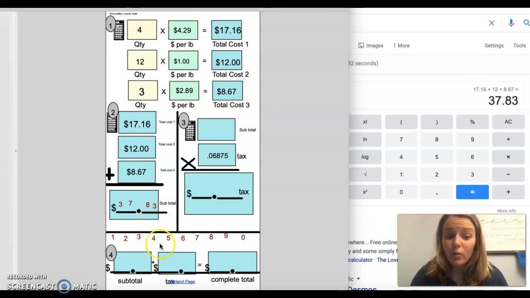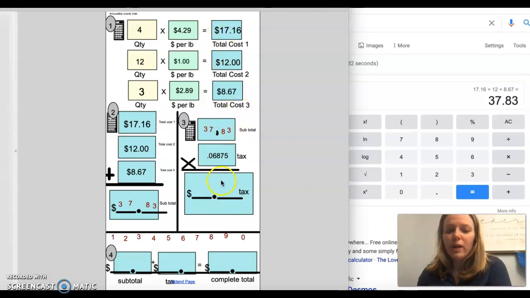So this is our subtotal, $37.83. Now we're going to put that subtotal up here as well so we can do our multiplication. $37.83. We need a decimal place here, don't we? Let's see if I can just draw a little one on here right now for us. Well, there is one. It's hard to see.